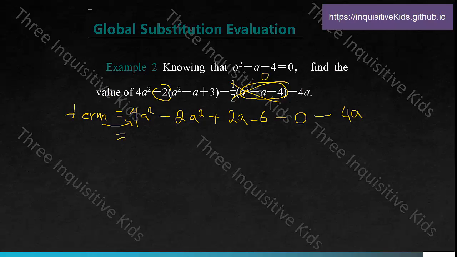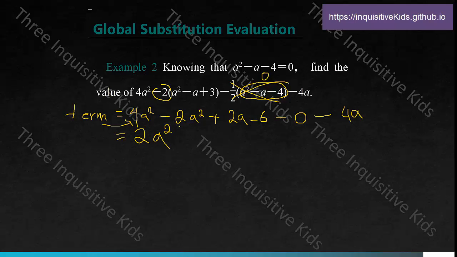The first term we can see is 4a squared. Well, we can think of a squared as, say, an apple. If we have 4 apples and then we minus another 2 of the same kind of apple, we're going to have 2 apples, which would be 2a squared.